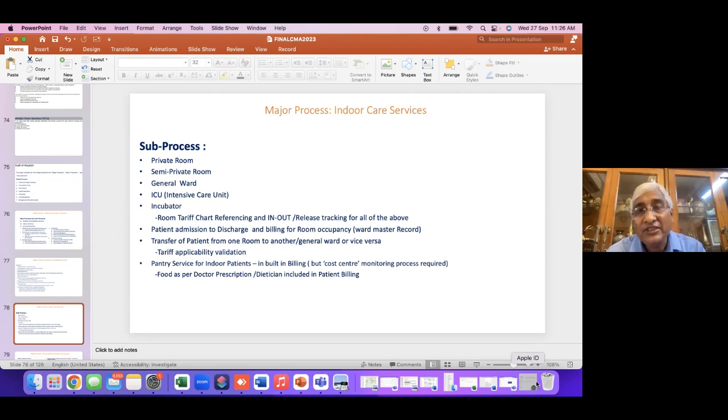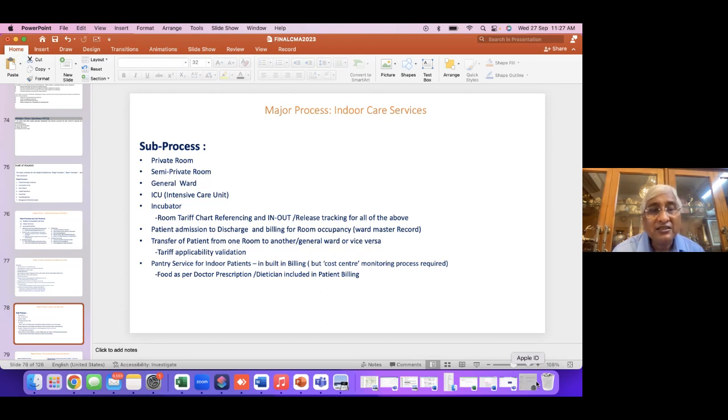Now, in the indoor care services, there may be different types of beds, which we normally call. Say a private room, which is called a cabin, a semi-private room, where maybe two beds are there, the cabin consisting of two beds. Then there is the general ward. Then there is the ICU, intensive care unit. Then there are incubators.